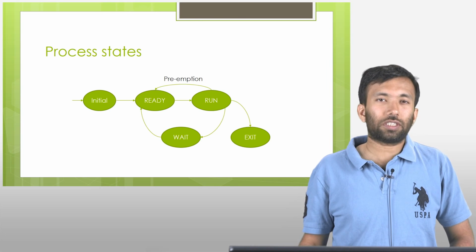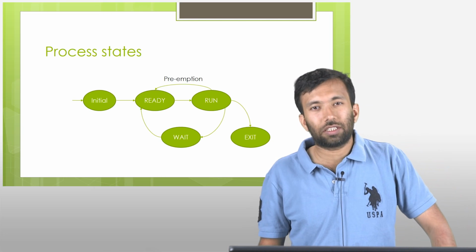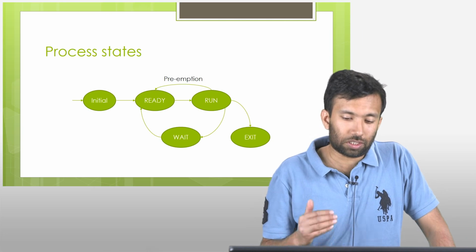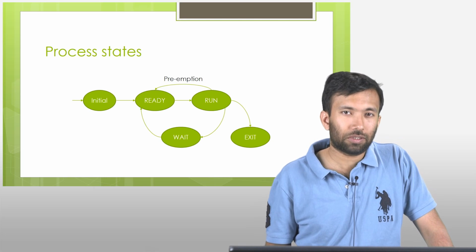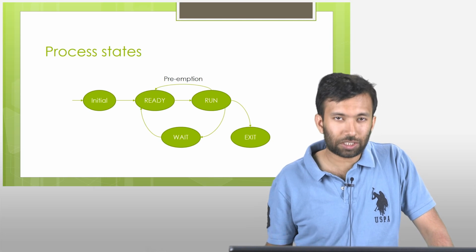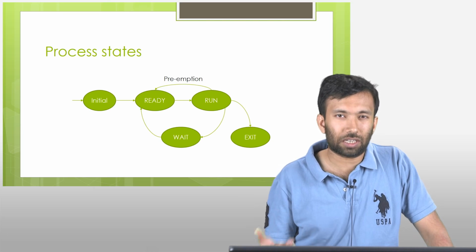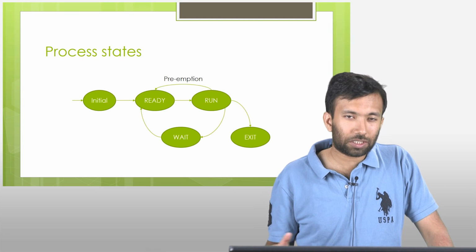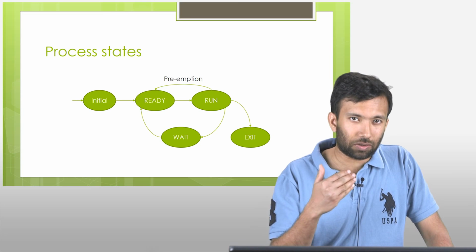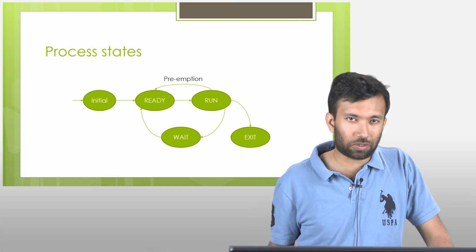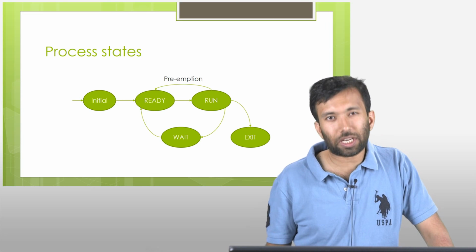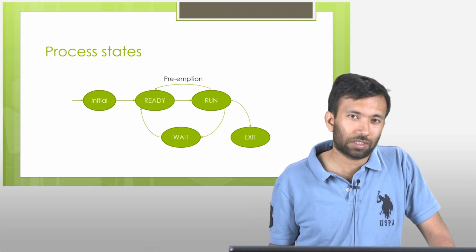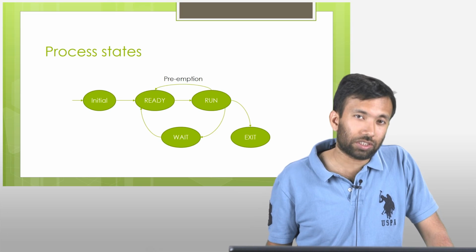So when the process is in initial state, what it means is that the stack, the heap, the program counter, the status register are still getting decided upon. It's not fixed yet. The operating system has been notified that we want to create a process, but the program counter, stack, heap, all those things have not been fixed. So that is the initial state.